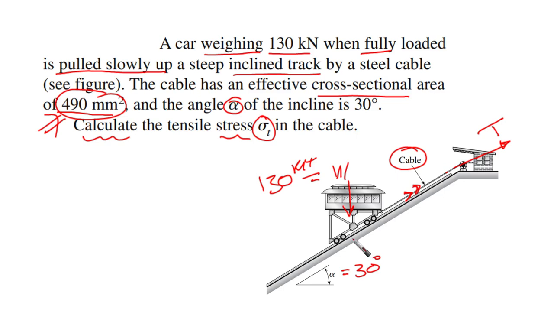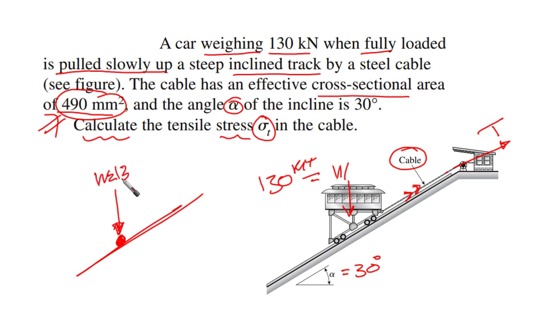Okay, so what is the main configuration that should be understood for the free body diagram of this car and the pulling force? So we have an inclination, we have a load that is being applied from this car, which is W, for example.